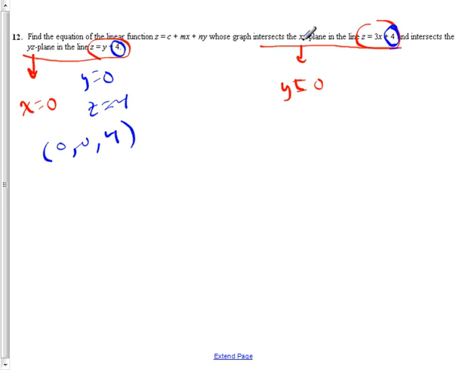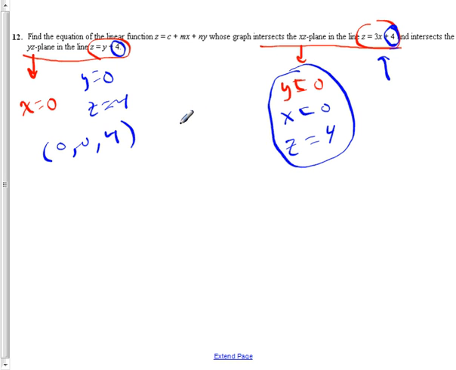And similarly, when it intersects the xz plane, y would be 0. If we set x equal to 0 in this equation, z equals 4. And it has to be that way because it's the same plane. So we see that the plane goes through the point 0, 0, 4.